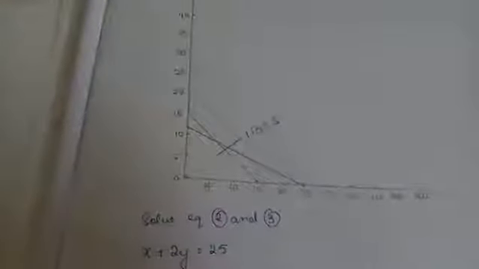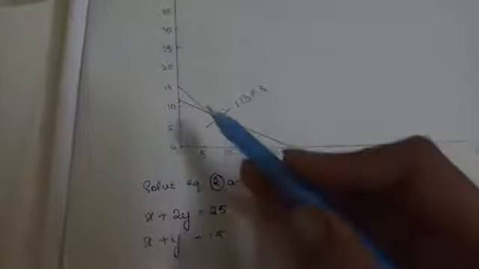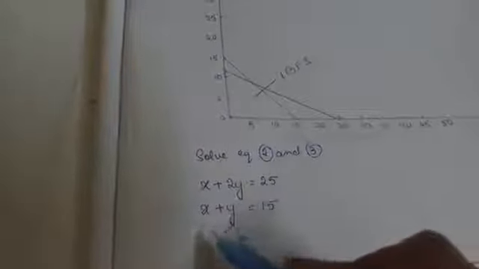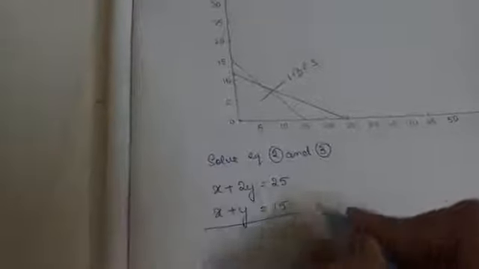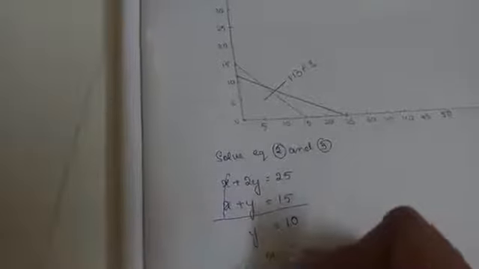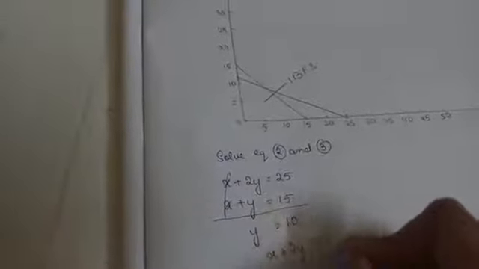Now, what I was saying was to find this portion, that is this intersecting portion, I need to solve equation number 2 and 3. So this is how I'm going to do. So from these two equations, I need to find out x and y. So cut, this is y, this becomes 10. So when y equal to 10, I can write x plus 2y equal to 15.